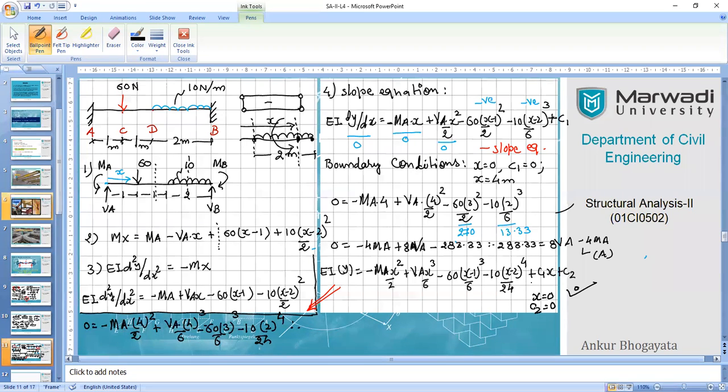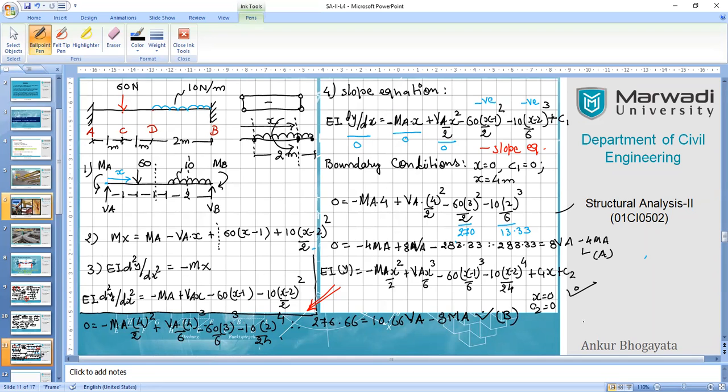Let's say when you expand this, all the terms like 3 cubed, 2 raised to 4, divide by 24, divide by 6 here, and rearrange the terms, you will get the equation as 276.66 equals 10.66 VA minus 8 times MA. Right, so this is our equation B.